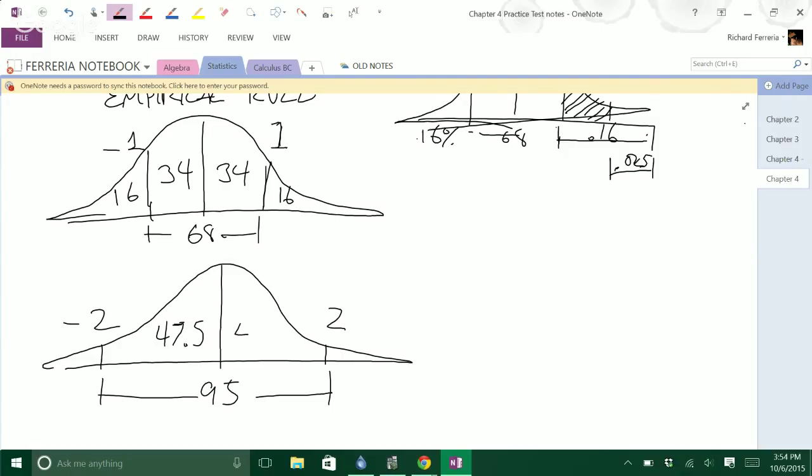This is also 47.5, making this 2.5 over here. Okay. That's one way to use the empirical rule.